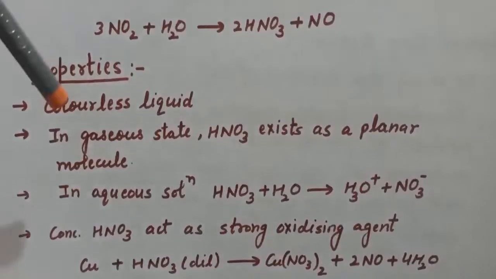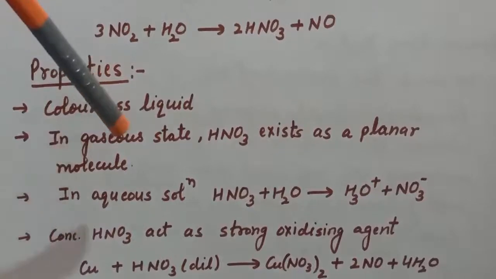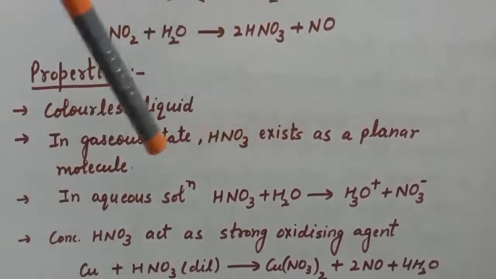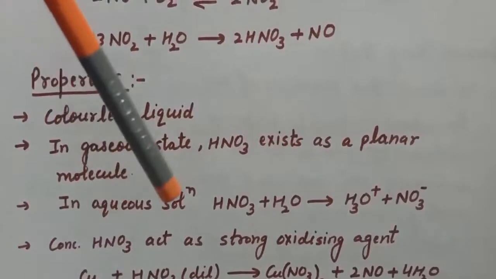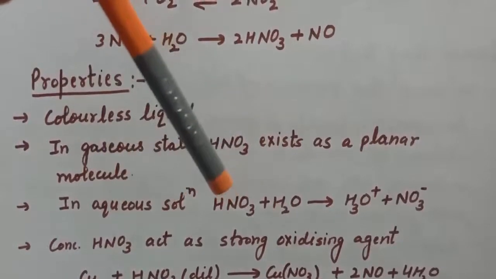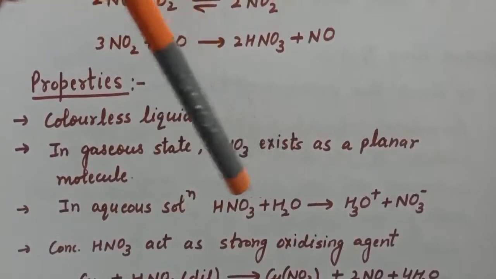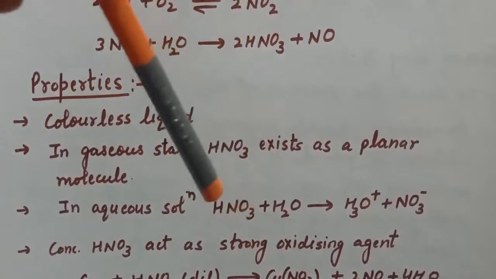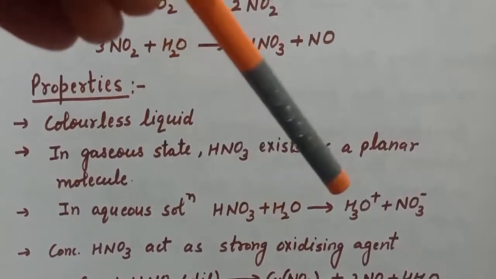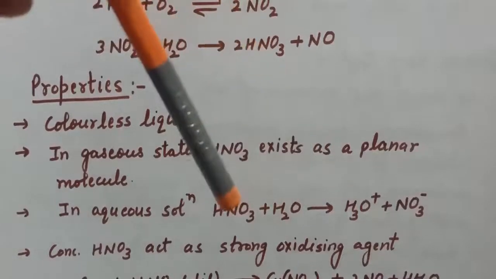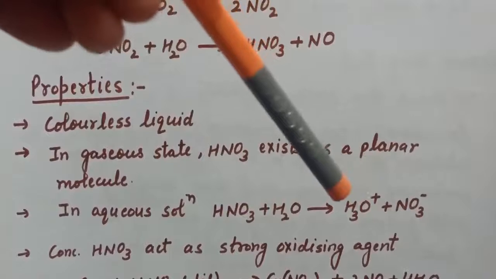So first property is it is a colorless liquid, and in gaseous state this HNO3 exists as a planar molecule. Next is in aqueous solution it will lose its proton, that is when HNO3 reacts with water, being strong acid it will lose its proton, and this H2O will accept this proton, and therefore it will form NO3 negative, that is nitrate ion, and H3O positive.